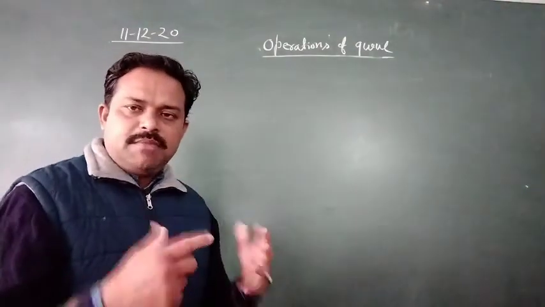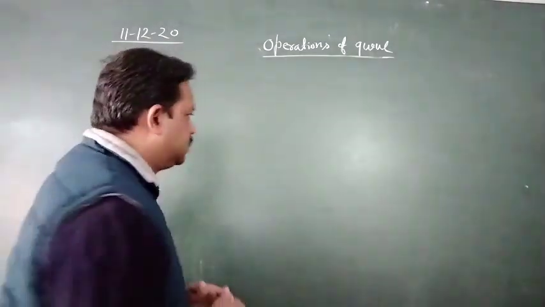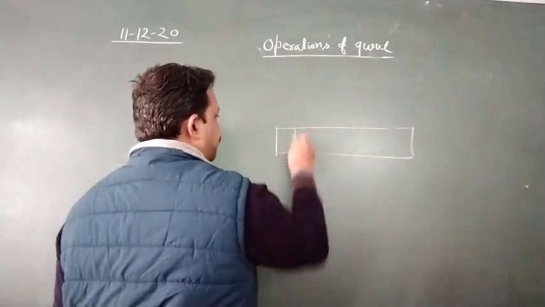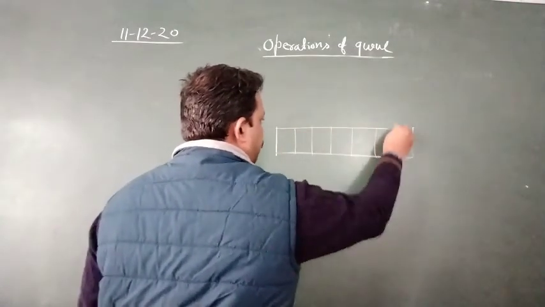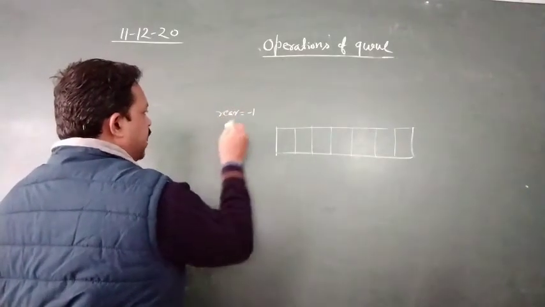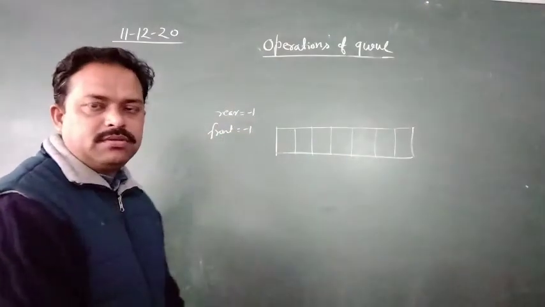Let's understand the basic concept, how we are going to write a program for queue. See, suppose this is my array. I will take two variables with the names rear with initial value -1 and front with the initial value -1.